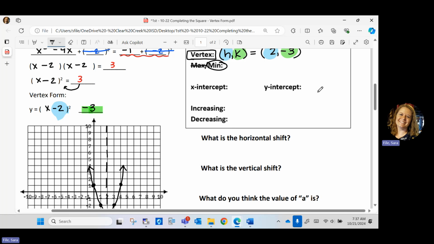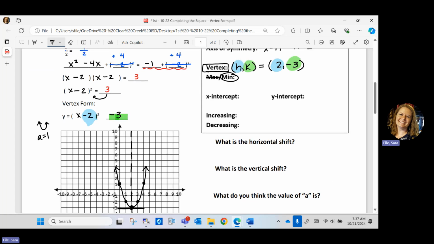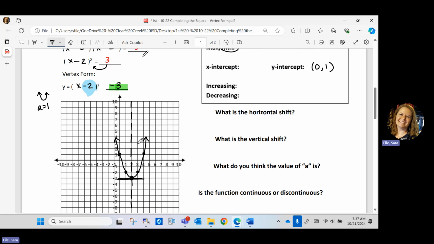Yeah, it's at 0, 1, because I went over 0, up 1. Now these x-intercepts are fractional or decimal values. I don't have a point plotted exactly where they are, so I would need to get those.